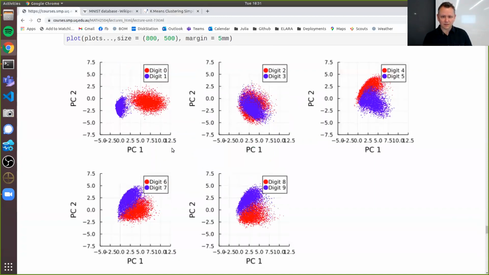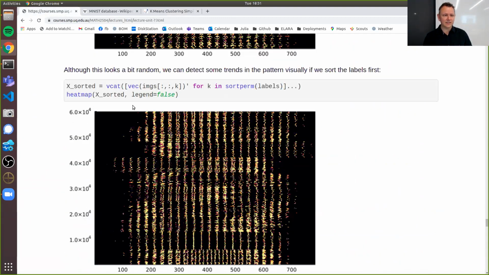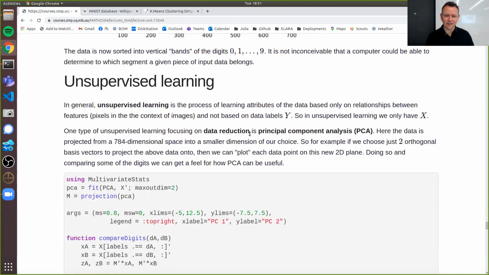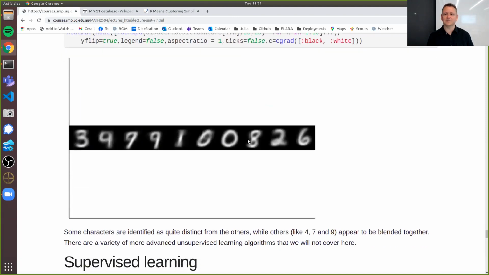So let's do that here, where we actually take this 784 dimensional space, and we're looking at 10 centroids in a high dimensional vector space. If we run the K-means algorithm on it, we end up with this. It's actually managed to identify, these are the centroids themselves, a number of digits essentially, but not all of them.